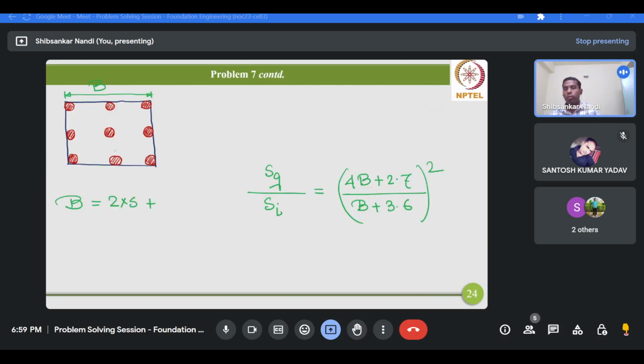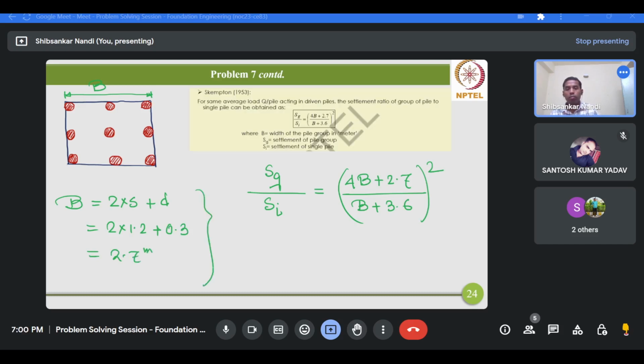So that will give you the value of B. 2 times 1.2 plus 0.3, that means 2.7 meter. Therefore this ratio Sg by Si would be (4 times 2.7 plus 2.7) divided by (2.7 plus 3.6), whole square.